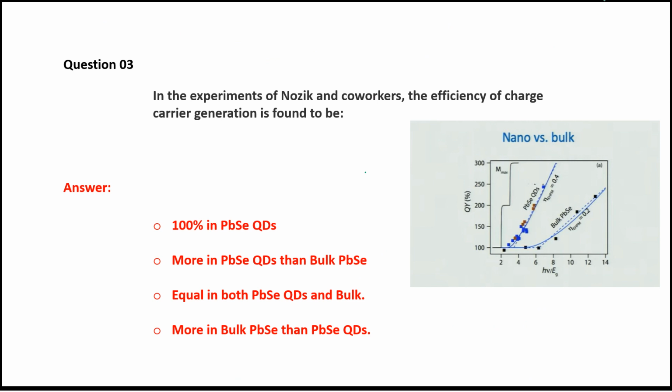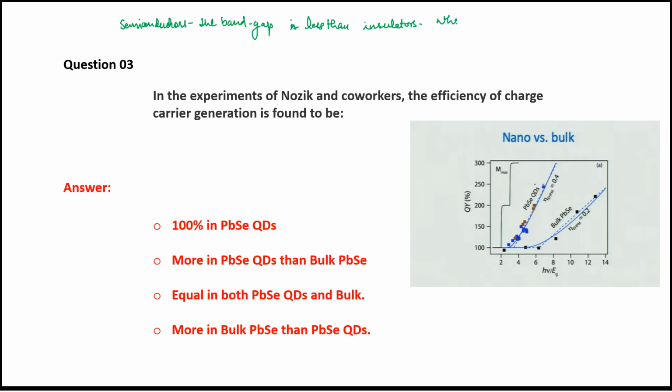So, basically, in semiconductors, the band gap is less than in insulators. Okay. First point.